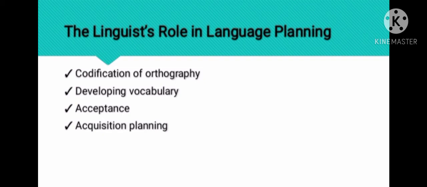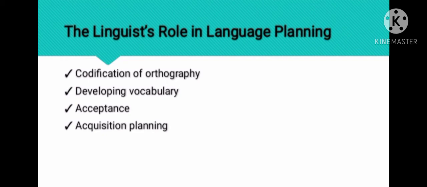So what are the linguists' roles in language planning? The first is codification of orthography. In linguistics, codification is the process of selecting, developing, and laying down or prescribing a model for standard language usage. And orthography is a set of conventions for writing a language.